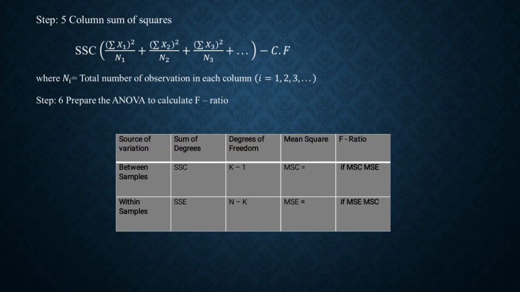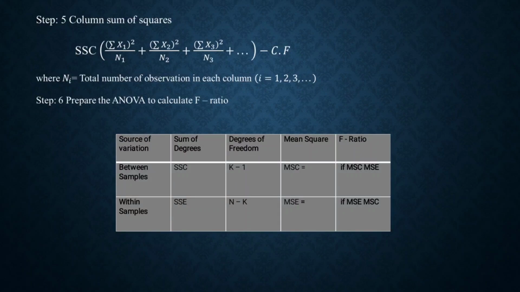Next we have to prepare the ANOVA table to calculate the F ratio. First we have to find source of variation, that is between samples and within samples. Sum of squares is to calculate SSC and SSE. Next one is degrees of freedom, that is k minus 1 and n minus k.